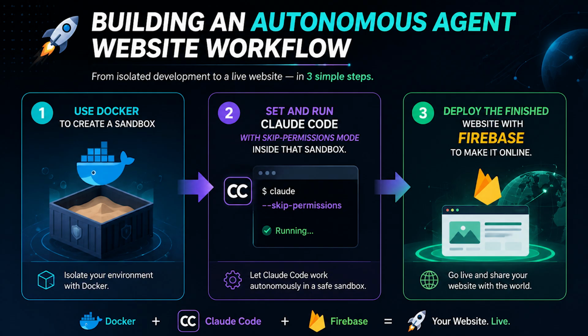Third, deploy the finished website on Firebase to make it online. If there is one thing you need to remember about the autonomous agent workflow, it's this. Full automation is powerful, but safe sandbox matters. Running a full autonomous agent workflow directly on your computer with no sandbox is like turning your computer into AI's playground.